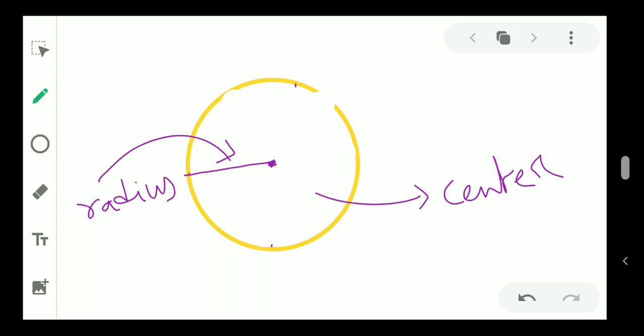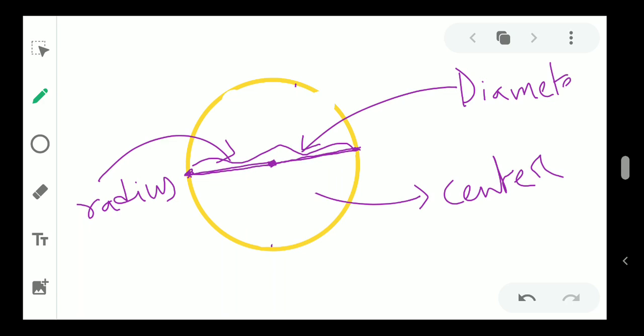But if I extend the radius, this straight line, to the opposite point of the boundary, the total distance is called the diameter. So the diameter is the total distance and the radius is half of that distance.